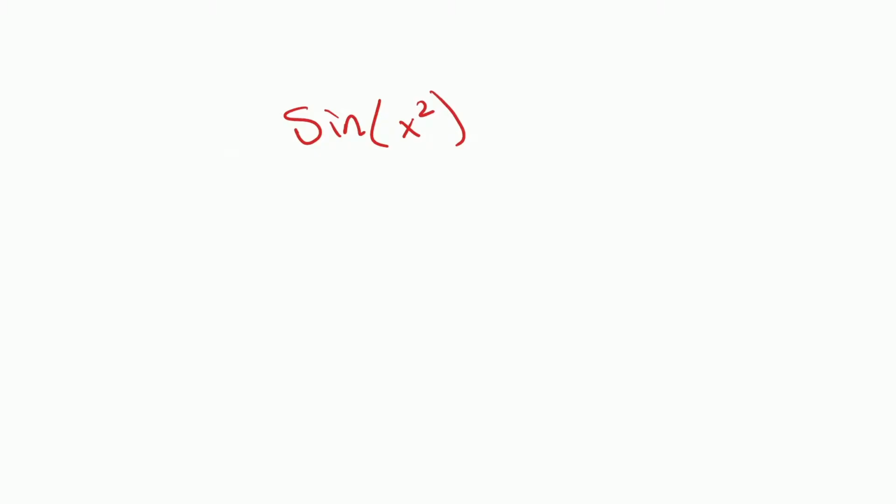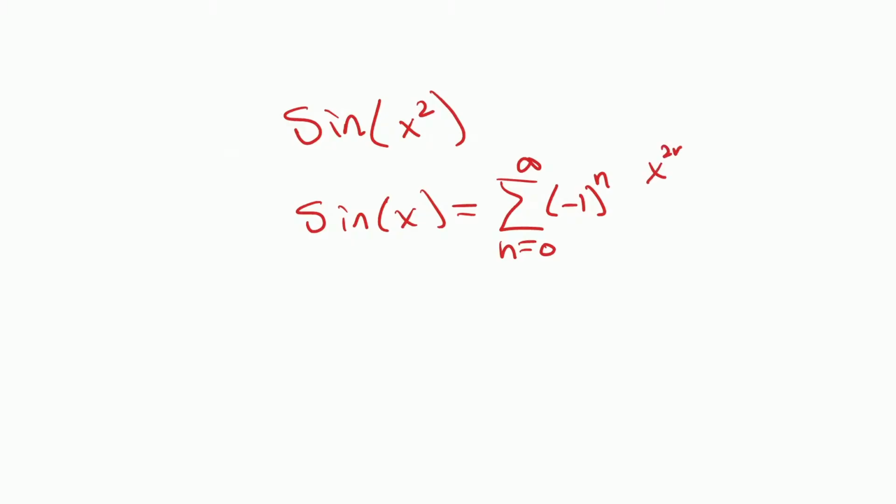So we'll start off with a building block, the sine of x. The sine of x, according to this table, I just want to do it the exact same way that they have it here, because the way that I've got it memorized might be a little different. It's the sum of negative 1 to the n times x to the 2n plus 1 over 2n plus 1 factorial. There we go.